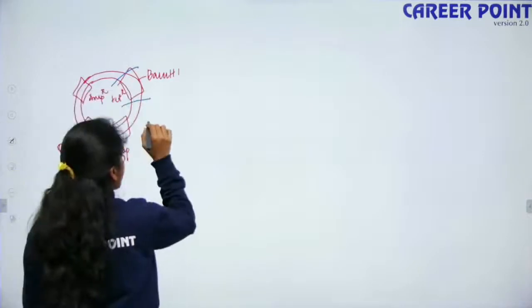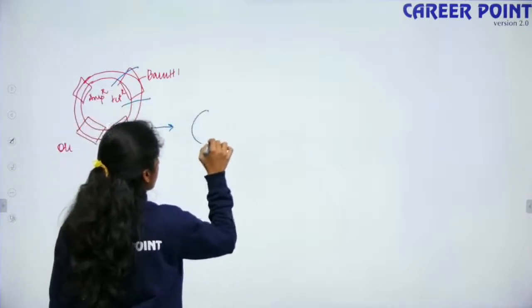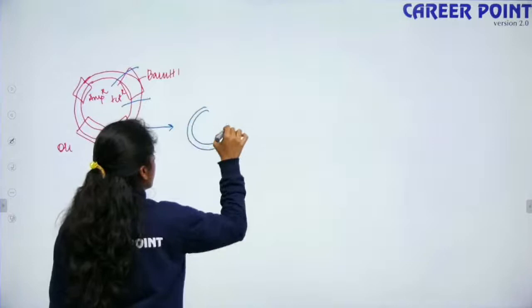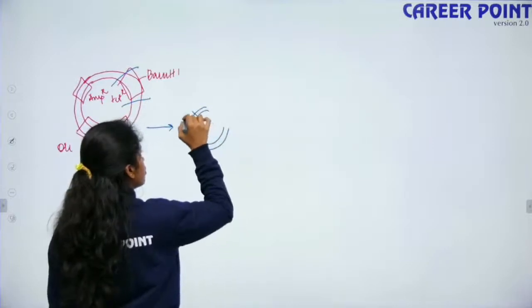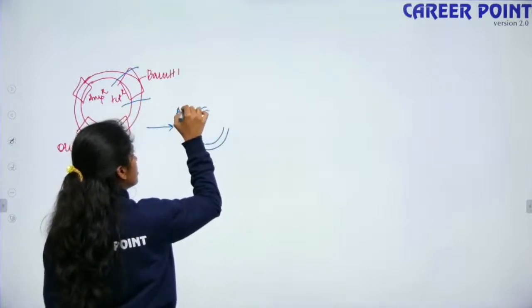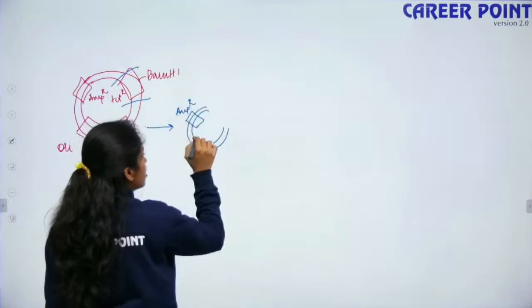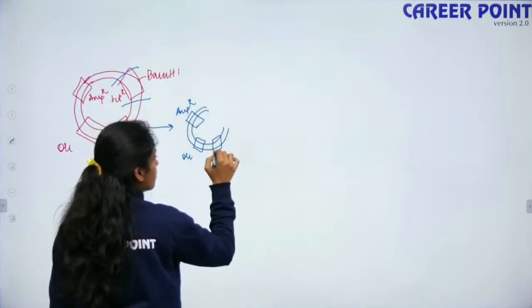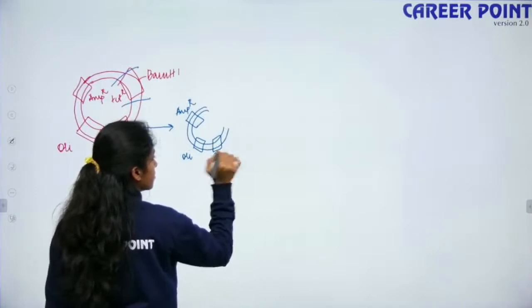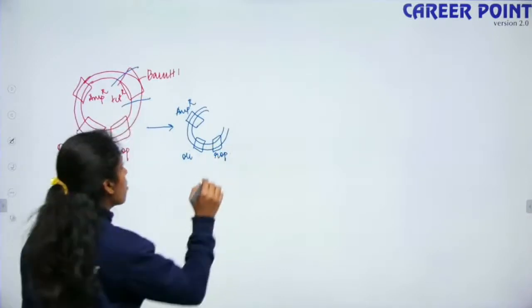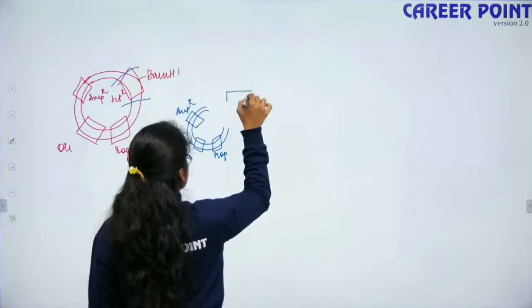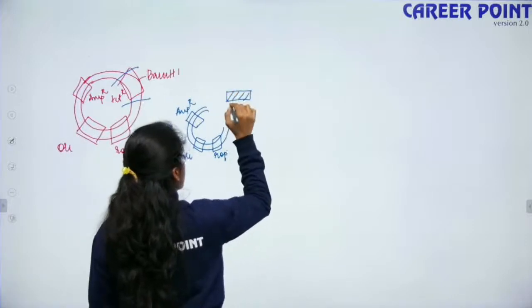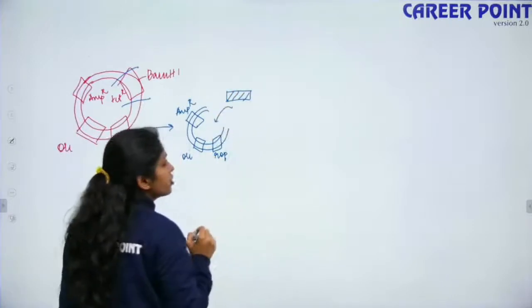So now what do I get? I don't have the tetracycline gene, but I have all the other genes. I have AMP-R, I have ori, and I have the VB gene. Now I have my gene of interest waiting here, and I am trying to insert it here.